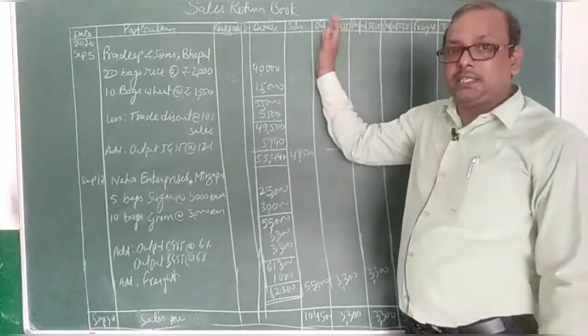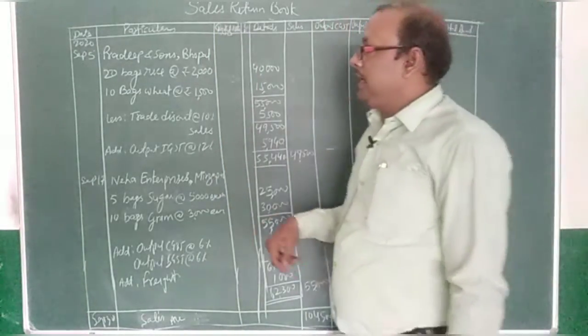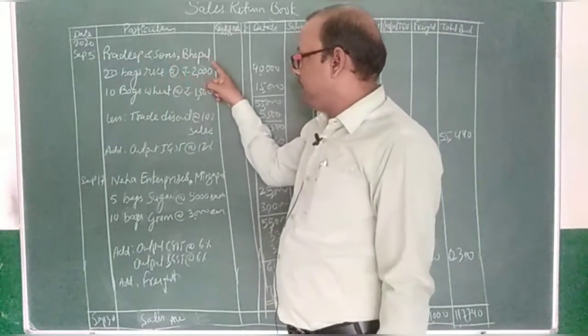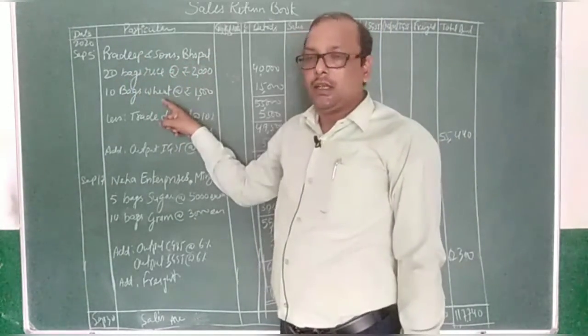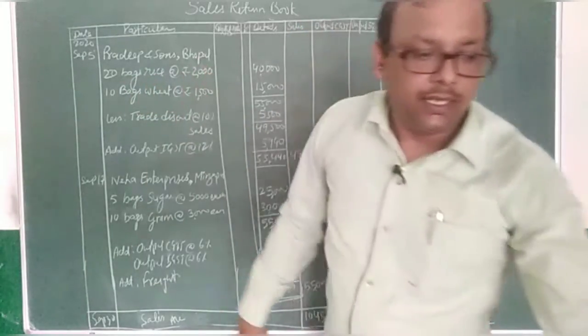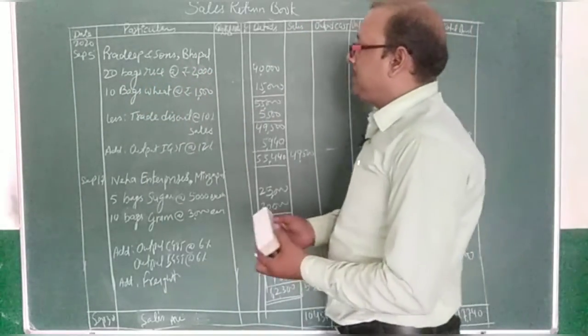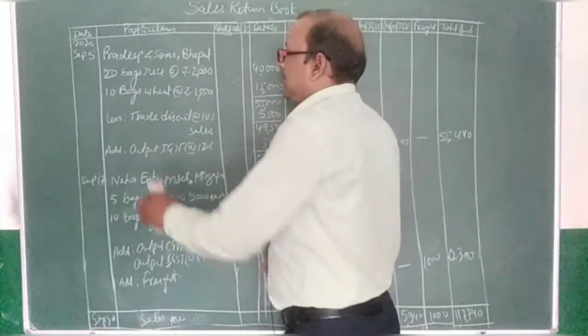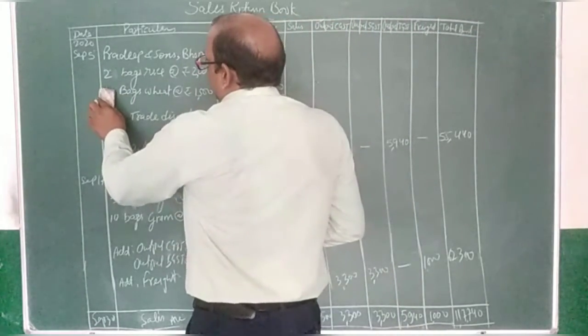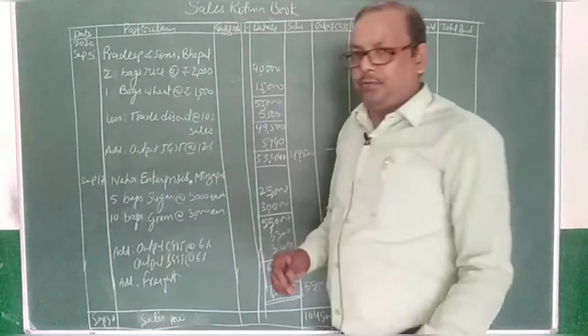If it is with GST, then how to write? Very similar. See, you have sold goods to Pradeep and Sons, Bhopal, 20 bags of rice at the rate of 2,000. Let's say Pradeep and Sons of Bhopal returned 2 bags of rice and 1 bag of wheat.